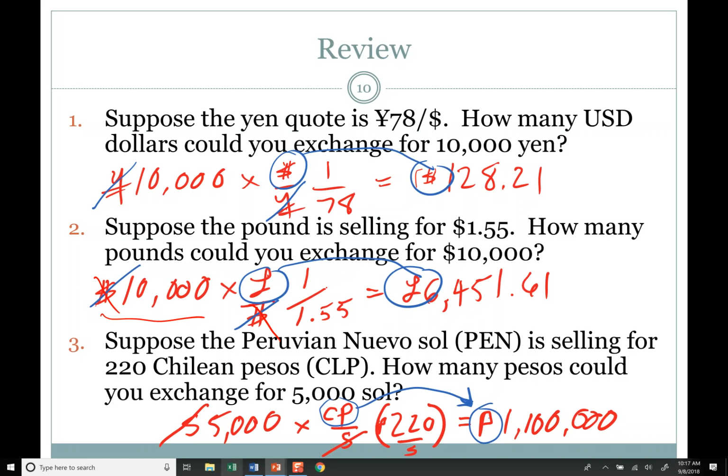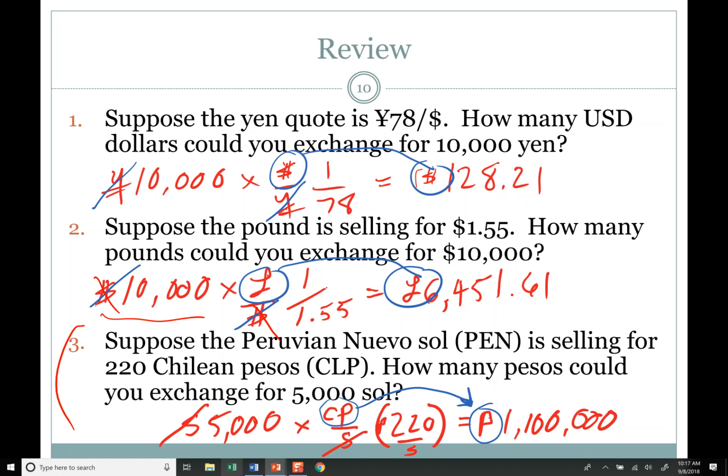All right, and here's where a lot of smart people just have an intuitive sense for exchange rates, right? But here's where you lose it. How many Peruvian Nuevo Sol are exchanged for 220 Chilean pesos? Holy crap. I don't know, divide or multiply at that point, right? So then you're just relying on the math.